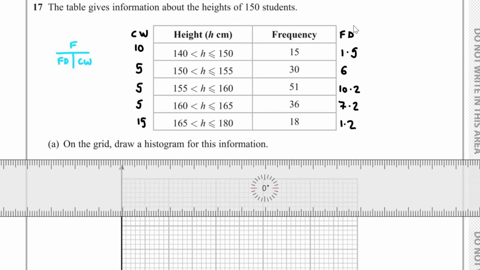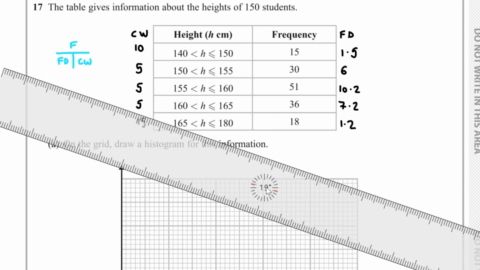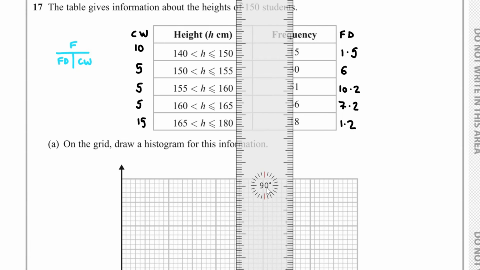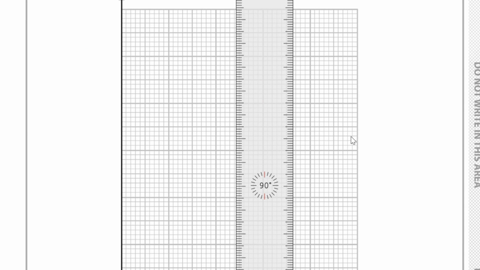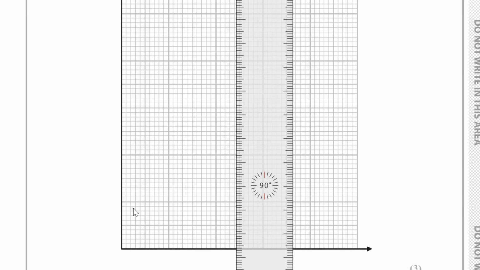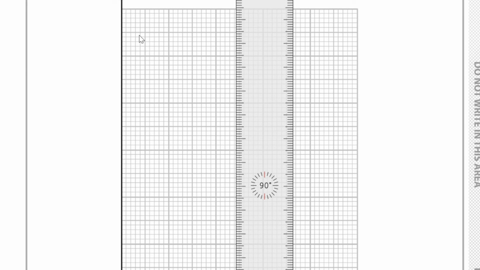So let's just grab a ruler and make the lines vertical. So first one, we've got class width of 10, frequency density of 1.5. Well, our maximum frequency density, you can see, is 10.2. And if you look at the number of squares, we've got 1, 2, 3, 4, 5, 6 whole squares.